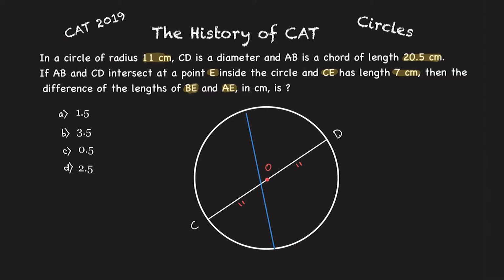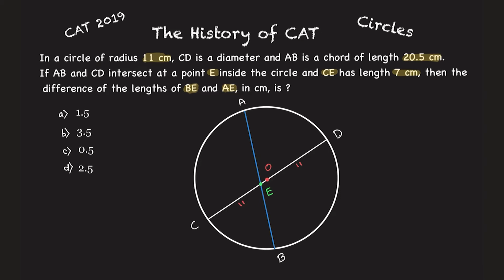Let this be the chord AB. AB and CD intersect at a point E.